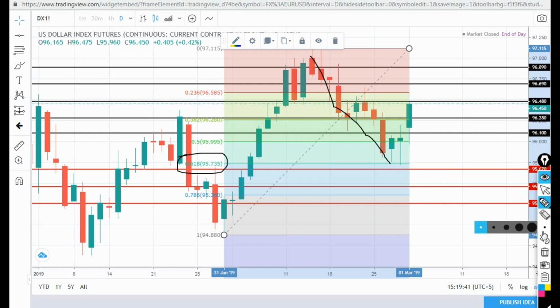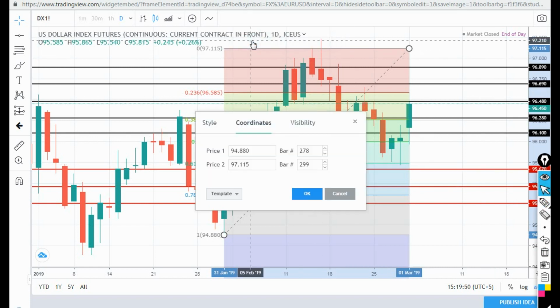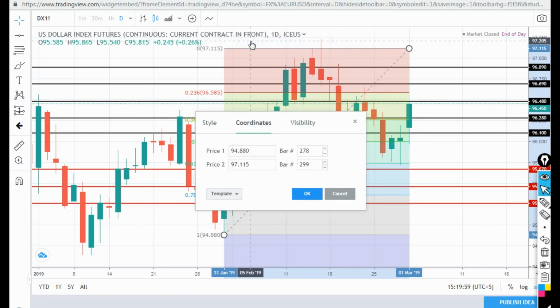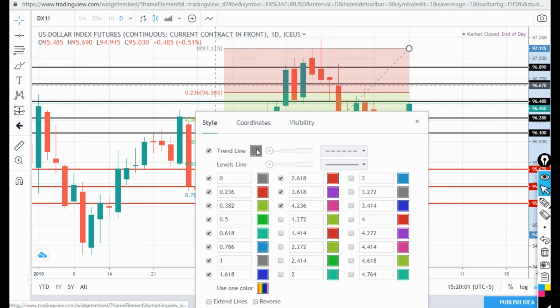Now how do we find the fifth correction? We just need some alteration in our Fibonacci tool. All you need to do is click on the Fibonacci settings. You don't need 2.618, 3.618, 4.236; you need 1.272, you need 1.618, okay, fine.